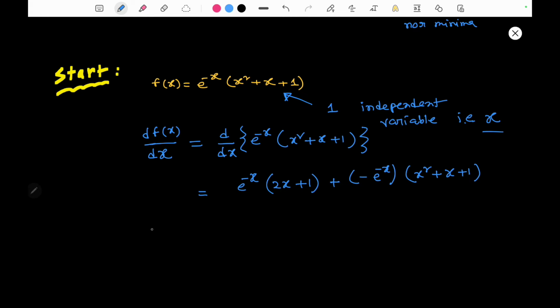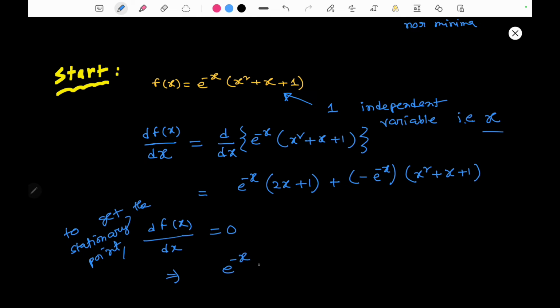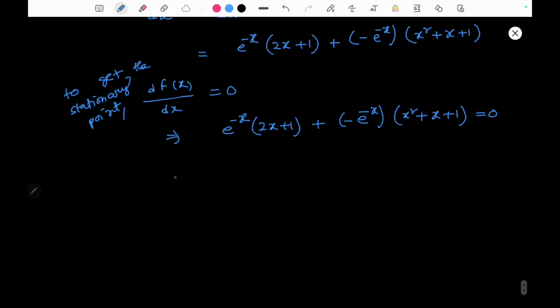Now in step 1 it is written to get the stationary point, set it equal to 0. We are doing now e to the power minus x times 2x plus 1, plus minus e to the power minus x times square plus x plus 1 equal to 0.